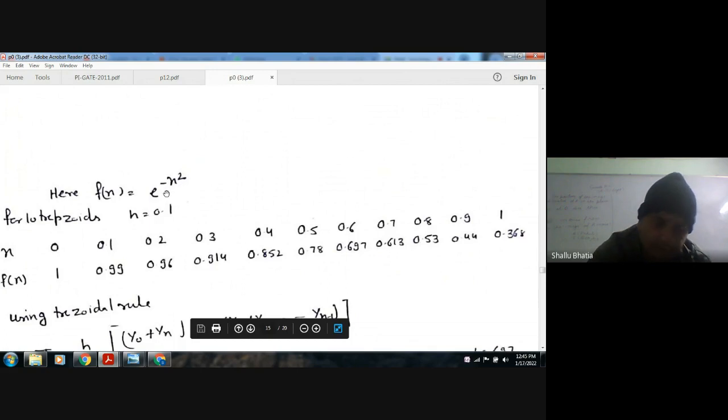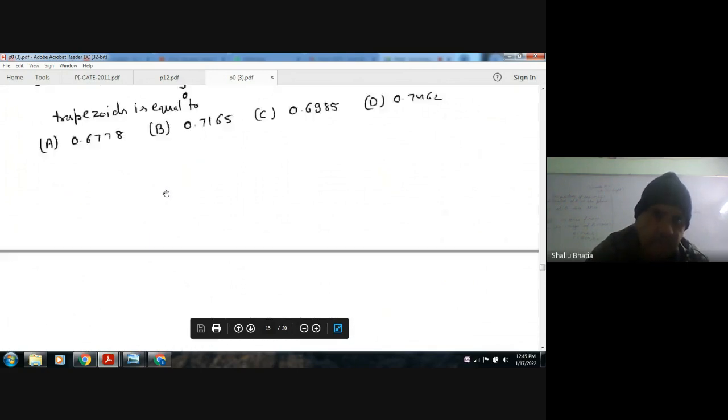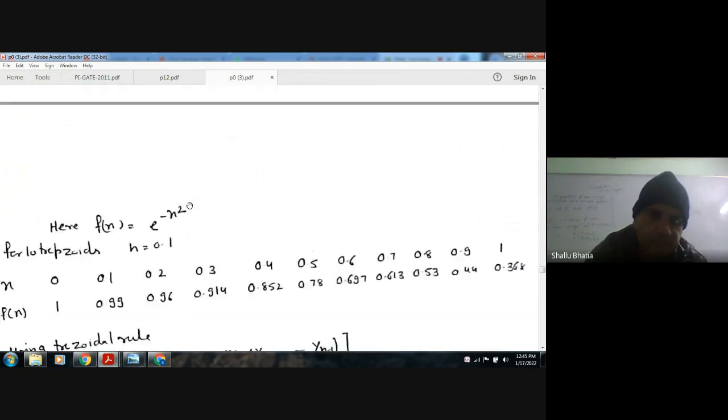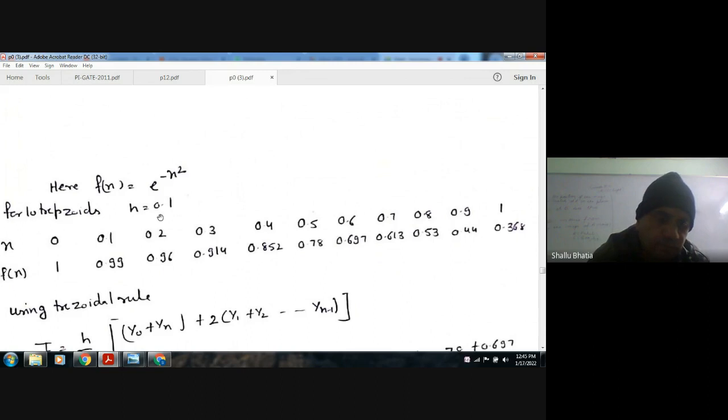As there are 10 trapezoids and the limits are 0 to 1, h is 0.1. So the trapezoidal step size is 0.1. Starting with 0, then 0.1, 0.2, 0.3, 0.4, up to 1, we find the value of f(x) by putting these different values.